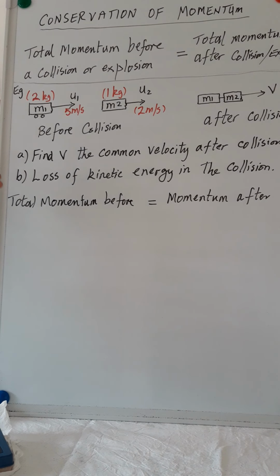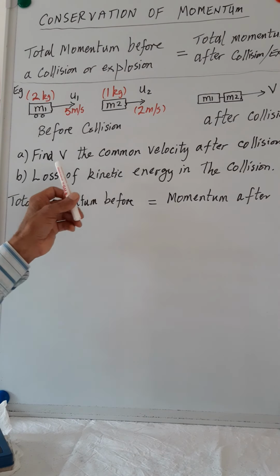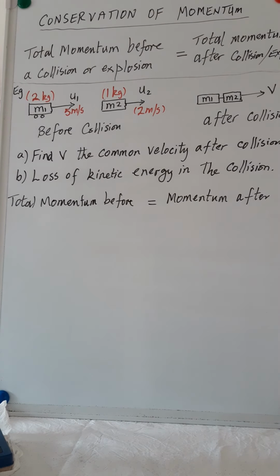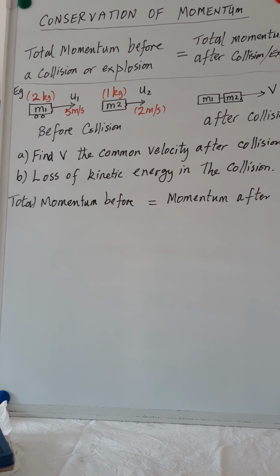We want to find what this common velocity is, and also the loss of kinetic energy in the collision. So we're going to use the principle of conservation of momentum to work this out.